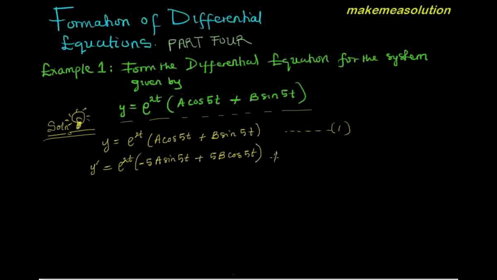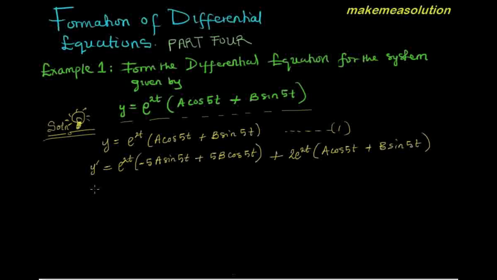This time around, I'm going to differentiate e^(2t), which gives 2e^(2t), then rewrite the brackets a cos 5t plus b sin 5t.